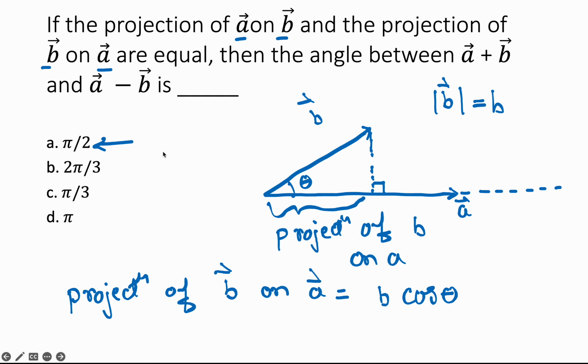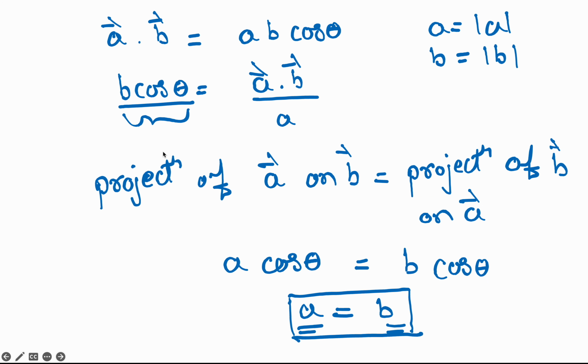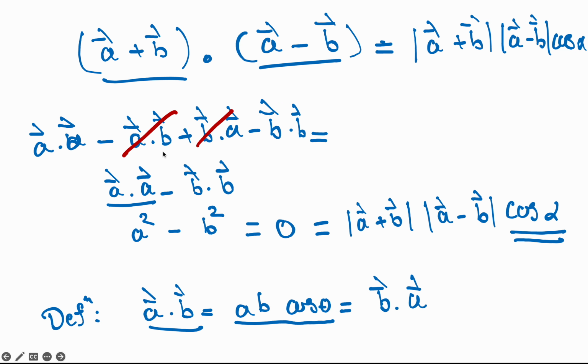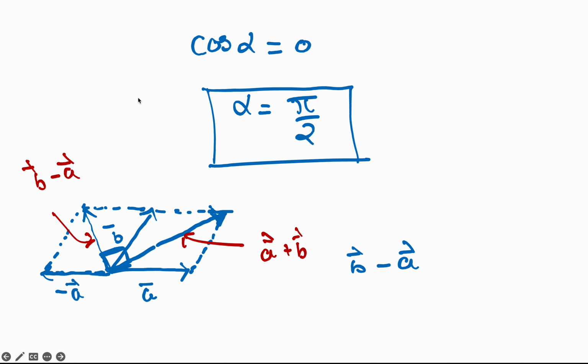Okay, now in the next question we saw what projection is, and then the definition of projection, and based on that we found the angle between the vectors asked in the question, which were a plus b and a minus b. I drew a picture, and I did not draw a minus b, but just b minus a, and showed that there is a perpendicular angle between them.